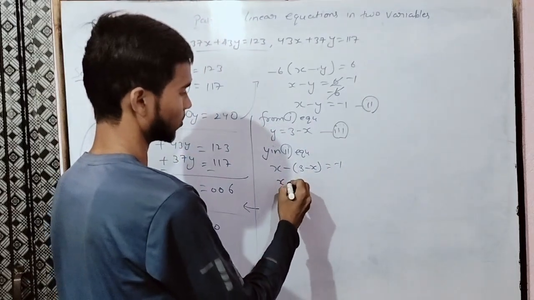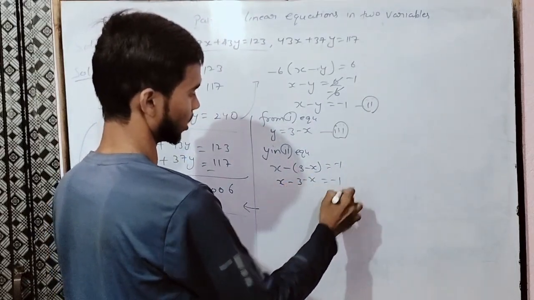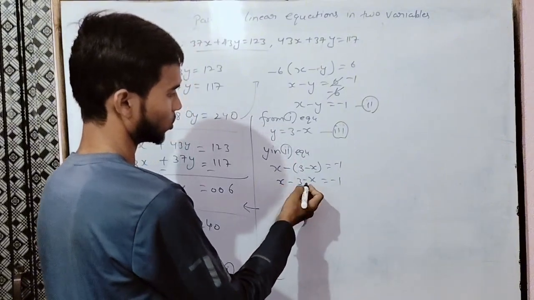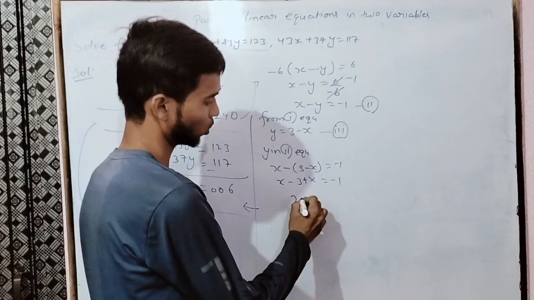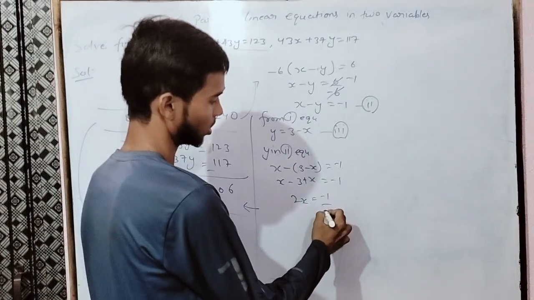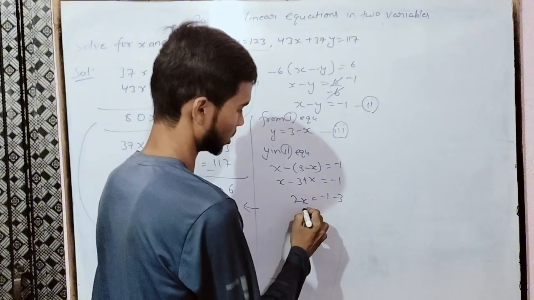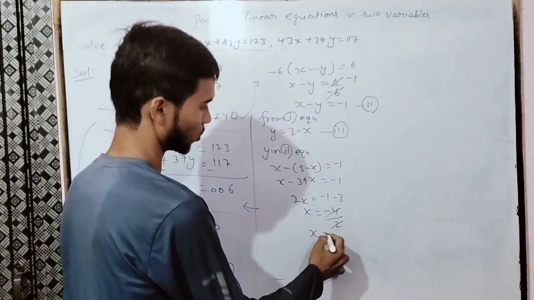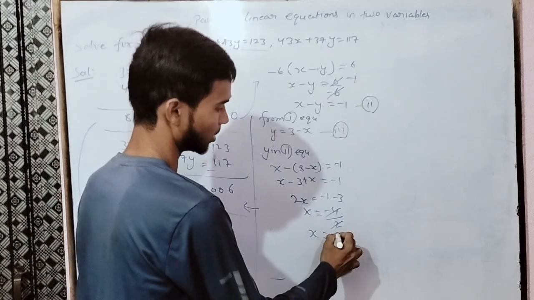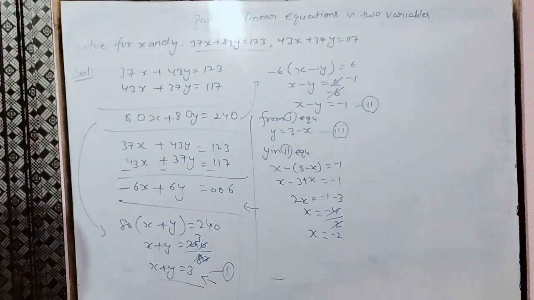So x minus 3 minus x minus 1. So I think this will be for us. So 2x equals minus 1 and minus 3. x equals minus 4 upon 2. So we got x as minus 2. x as minus 2, as you can see.